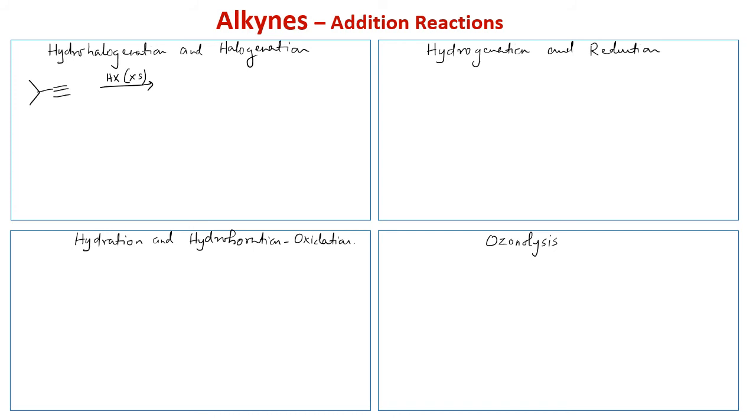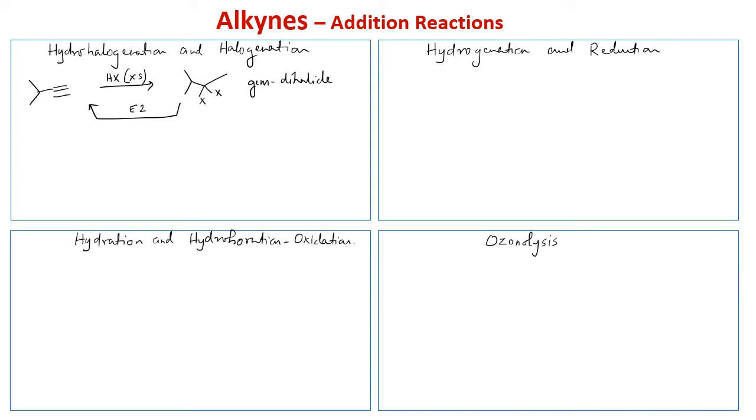If you do that, then your product from this reaction is going to be a geminal dihalide. So I sort of mentioned this during the synthesis of alkynes. And gem dihalides can also be converted into an alkyne using an E2 reaction, as we saw earlier.